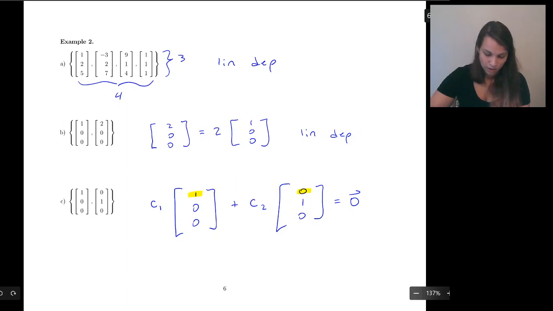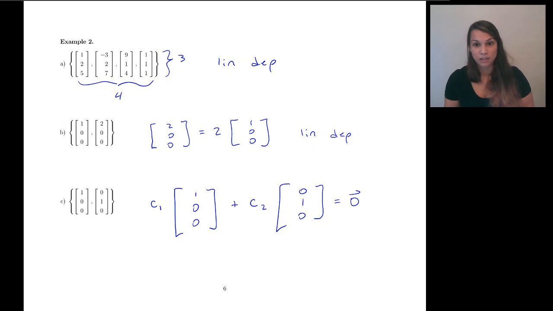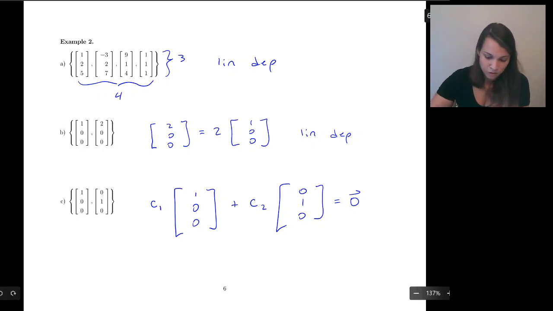And so we can only get 0 in the top row if C1 is 0. And then same thing goes for row 2. You can only get 0 in the second row if this plus this is 0, which is only going to happen if C2 times 1 is 0. So C2 is 0. So without even having to solve for it, I can say that it's linearly independent.